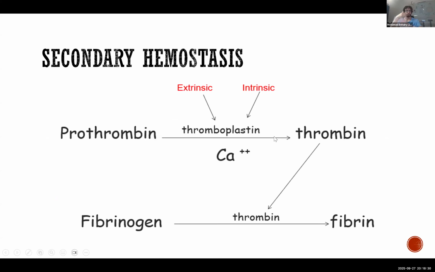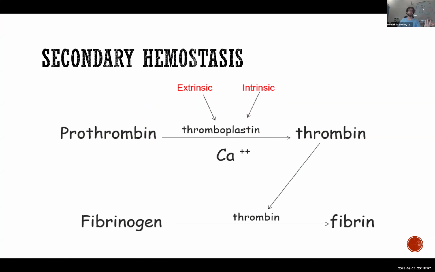Okay, secondary hemostasis. We said that secondary hemostasis has one goal and one goal only, to make fibrin. But to make fibrin, it's kind of a complicated process. Secondary hemostasis starts with the extrinsic and intrinsic pathways. Why are they called extrinsic or intrinsic? The extrinsic pathway will use factors that come from outside the endothelium, from the tissues that are surrounding it.